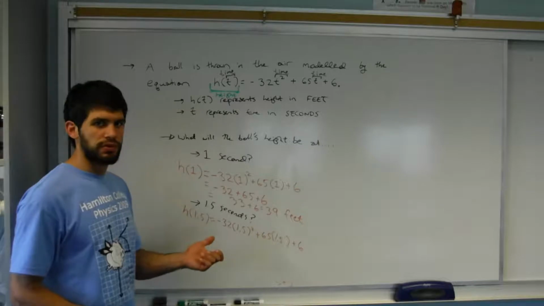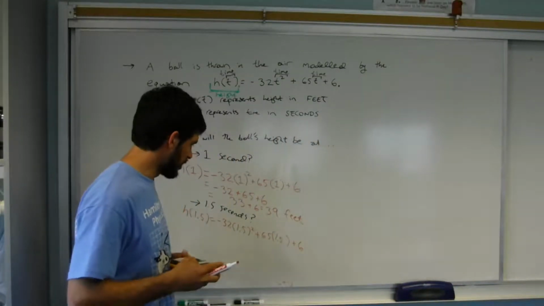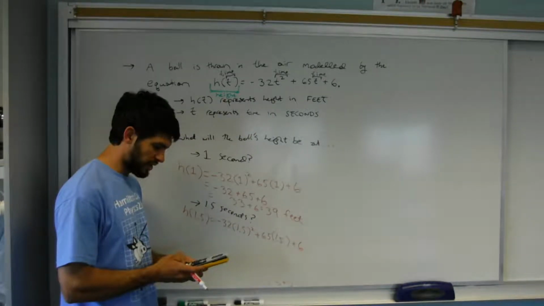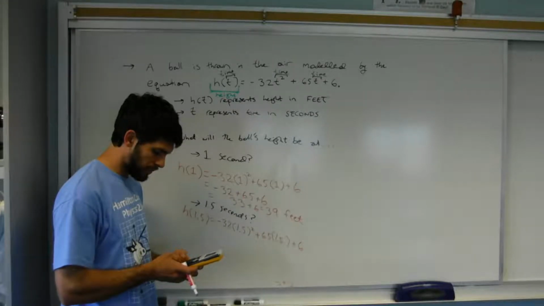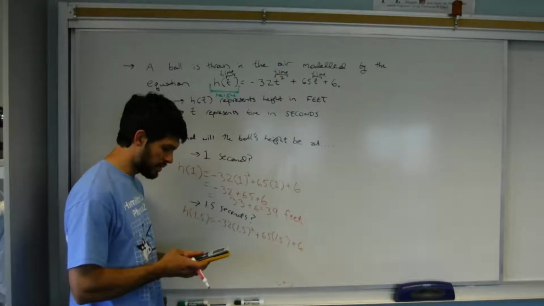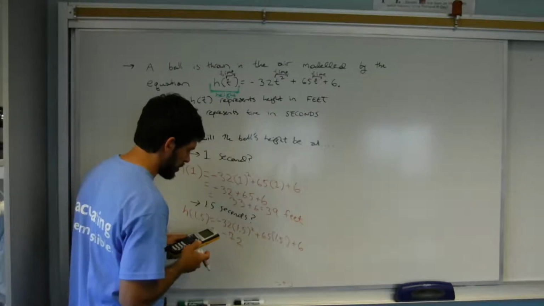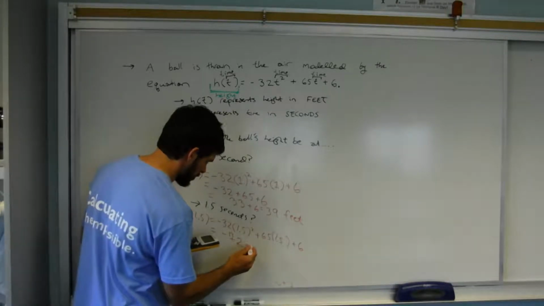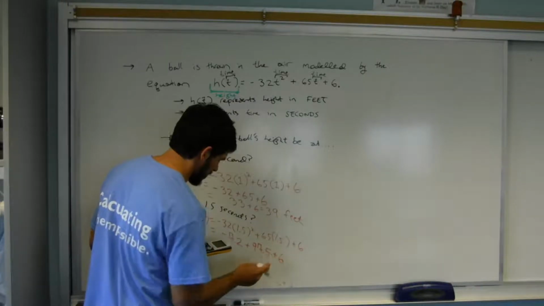For this equation, we're going to want to get out the calculator. Luckily, I have one right over here. So I'll multiply negative 32 times 1.5 squared, which is equal to negative 72. 65 times 1.5 is equal to 97.5, plus 6.